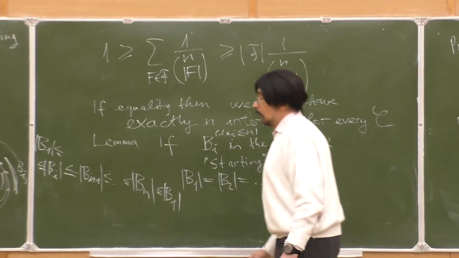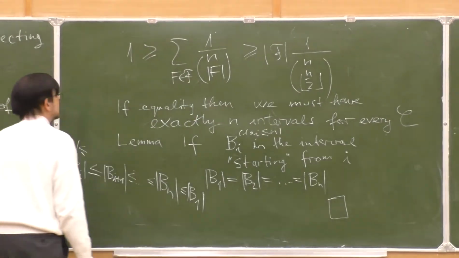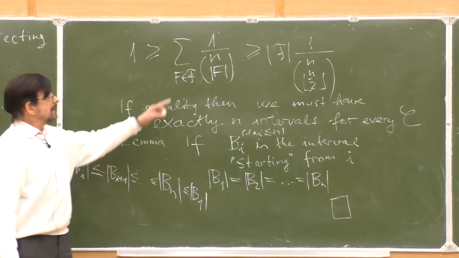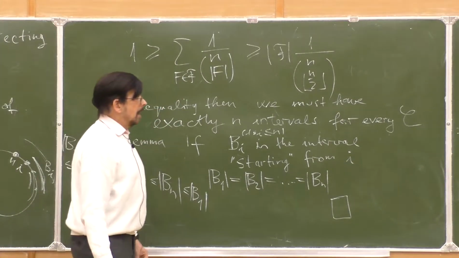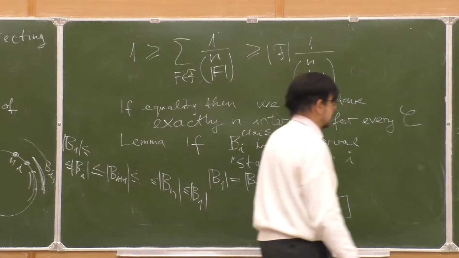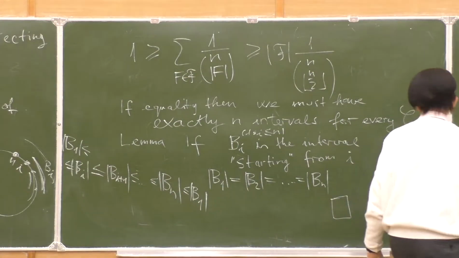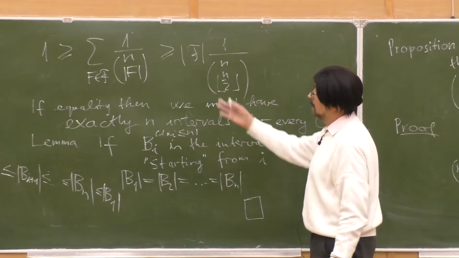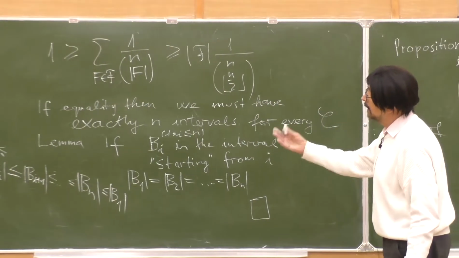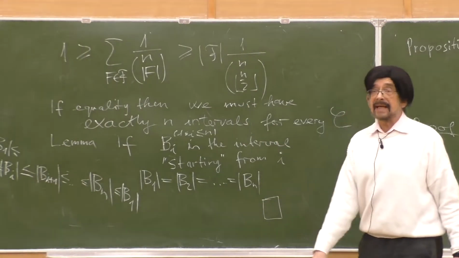So we have proved something stronger, that even in this inequality we can have equality, exact equality, only if they all have the same size.